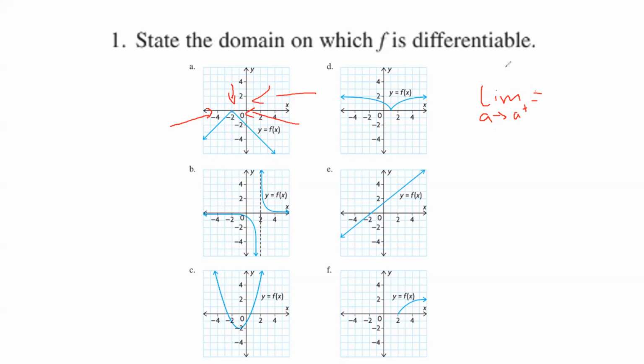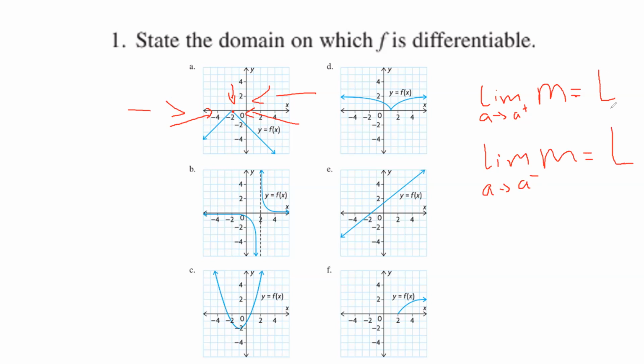Let's say we have our formula, M. This is basically what the limit gives us, the slope of the tangent line as we approach this point from the right, should be L. And the limit approaching A from A minus, from the left side, should be the same.